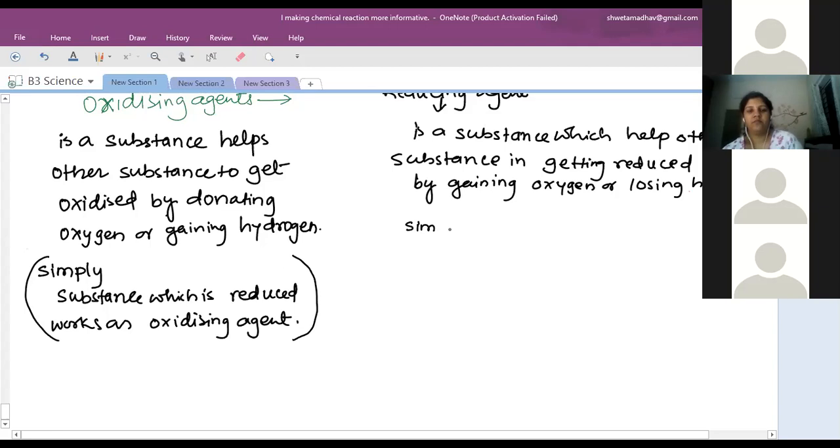Simply, a substance which is oxidized works as a reducing agent.